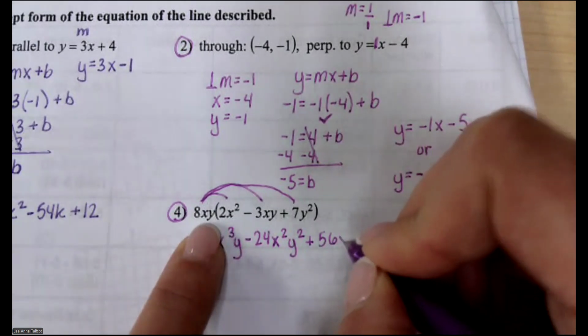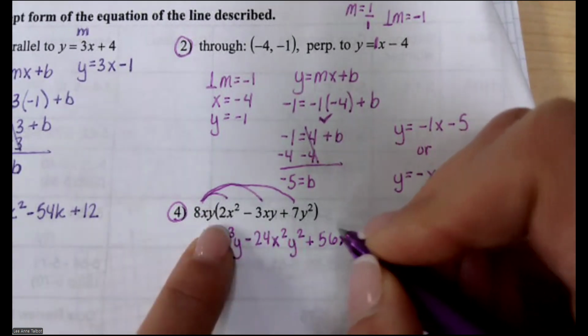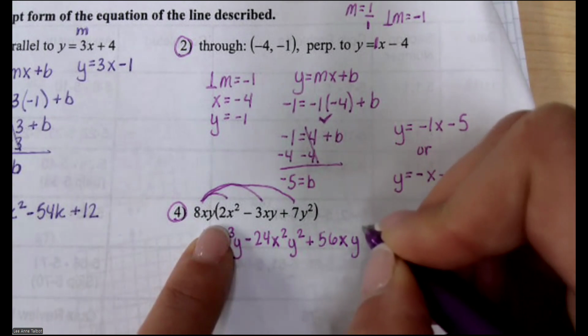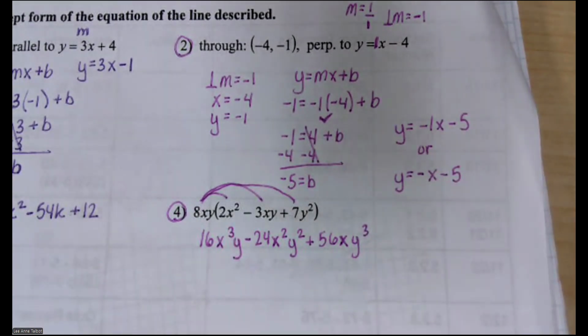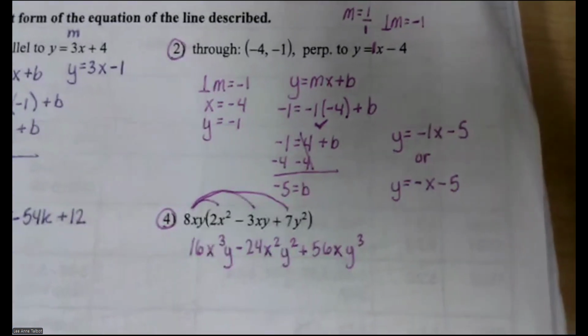There's 1x. And 1, 2, 3 y's, y cubed. Okay, and those are not like terms. You cannot combine them. That's just the final answer, even though it's kind of unsatisfying. You just have to leave it.